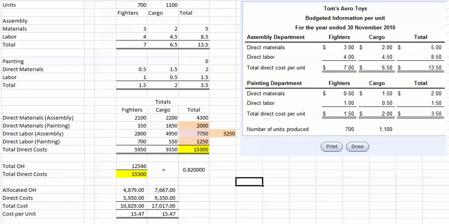So our direct material for the assembly department will be our $3 per unit times 700 units. Direct materials for the cargo planes will be the $2 per unit times 1,100 units. The labor cost for fighter planes will be the $4 per unit times 700 units, and so on.